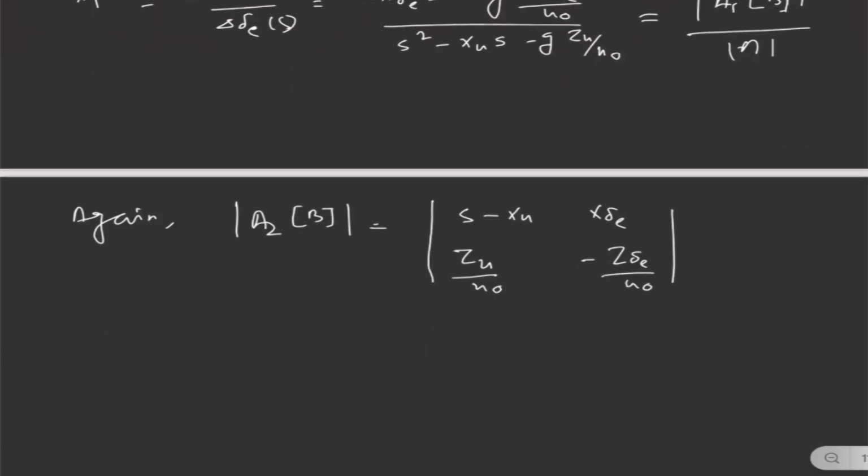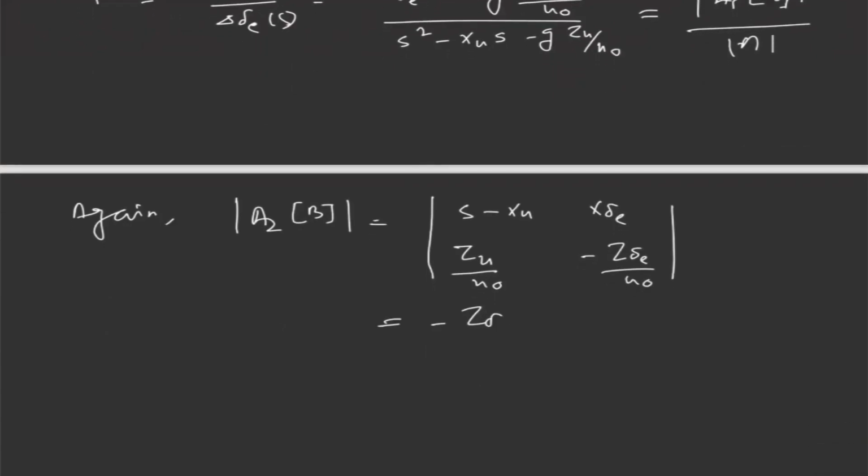And the determinant of this comes out to be minus Z delta E divided by U naught s plus Xu Z delta E U naught minus X delta E Zu U naught.